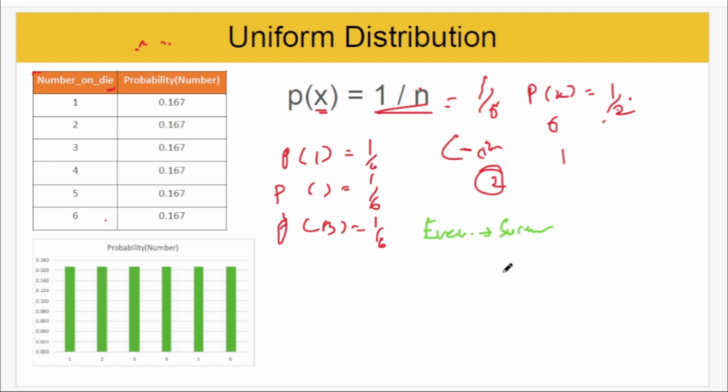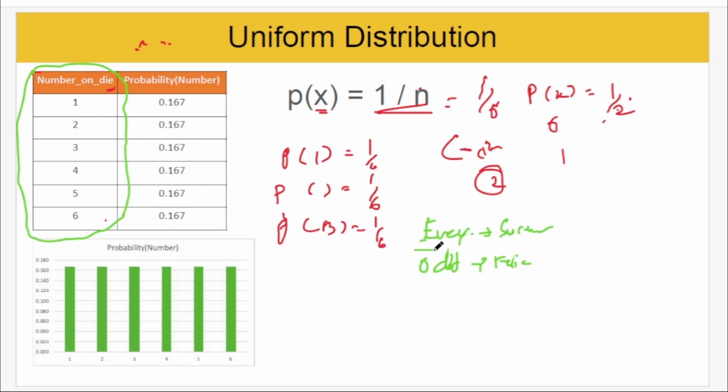That's why I was always telling you, how to define events is important. Now I defined my event: if I get an even number, I will get success. If I get an odd number, I will get failure.